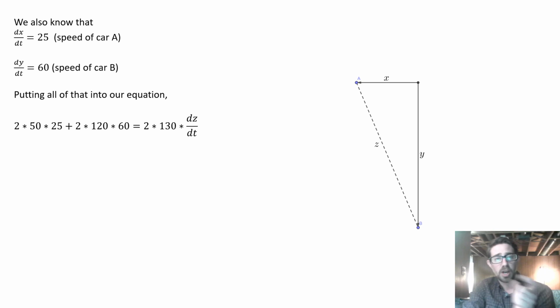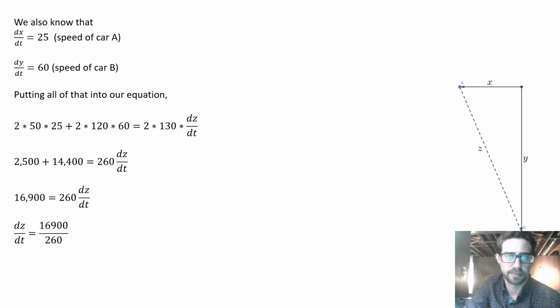Okay, so we plug all that in. 2 times 50 times dx/dt plus 2 times 120 times dy/dt equals 2 times 130 times dz/dt. Now look what we have, just a bunch of numbers and the thing we want. So we just have to clean up those numbers and get dz/dt by itself.